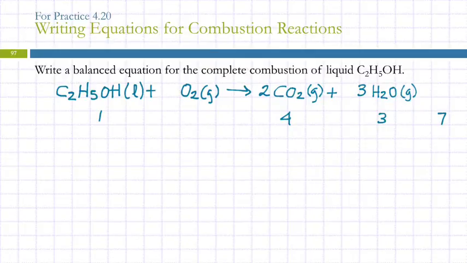I have 1 over there, and I have 2 there. Is there a number I can multiply 2 by so that when I add 1, I get 7? 3. So if I put 3 in front of O2, that'll give me 6 oxygens from the O2, plus the 1 from the ethanol will give me a total of 7. And there's my balanced chemical equation. Any questions?